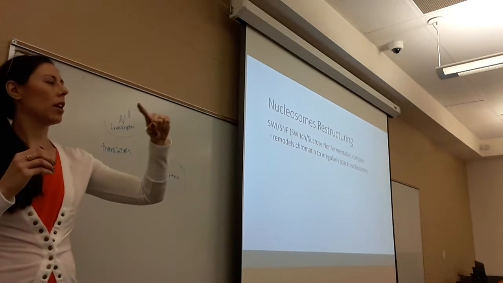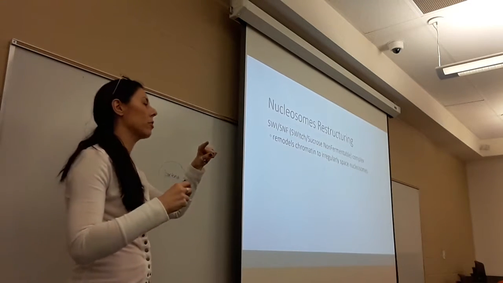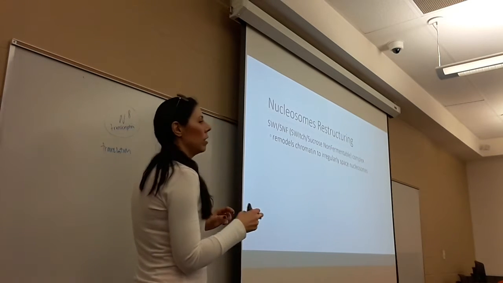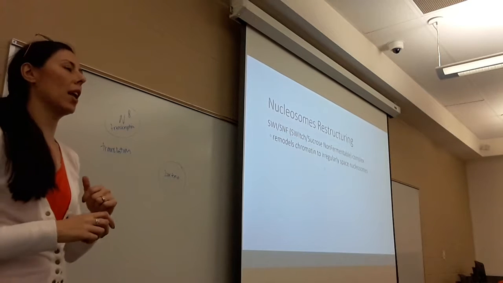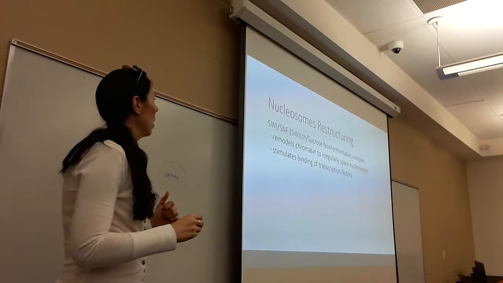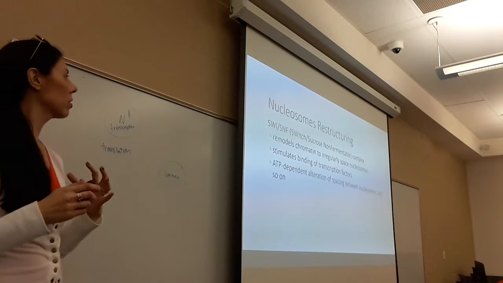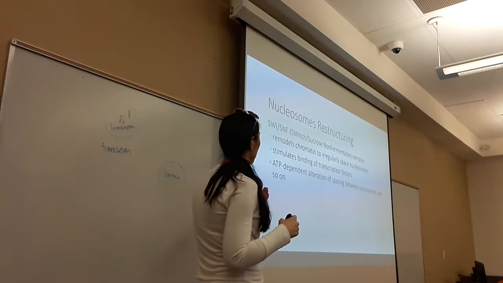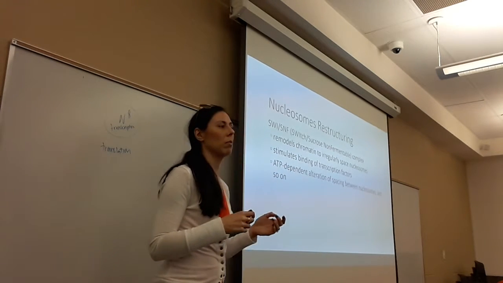We're wrapping our DNA around the histones, the nucleosomes are forming in a very ordered fashion. Now we're going to remodel them so that, in essence, we're pulling them away from segments of the DNA. That then stimulates the binding of different transcription factors, and we can allow transcription to start. This requires ATP to remodel this.